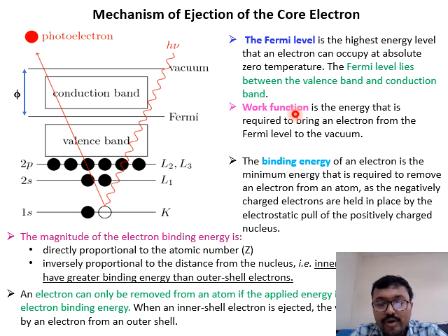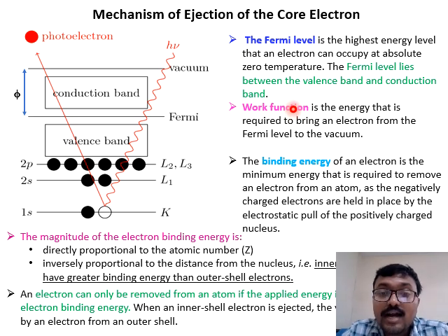So the electron will be removed when the incoming radiation has the ability to provide the binding energy of the electron, the work function of the electron, and the kinetic energy to the electron. Then only the electron can be removed.